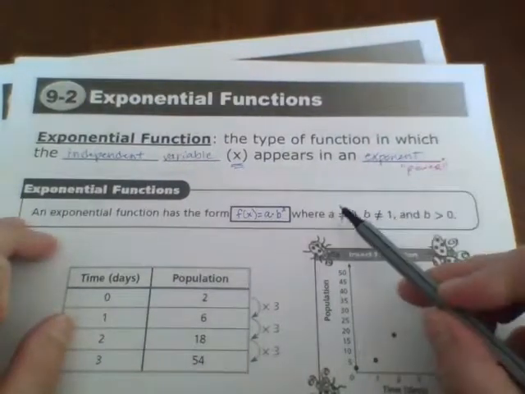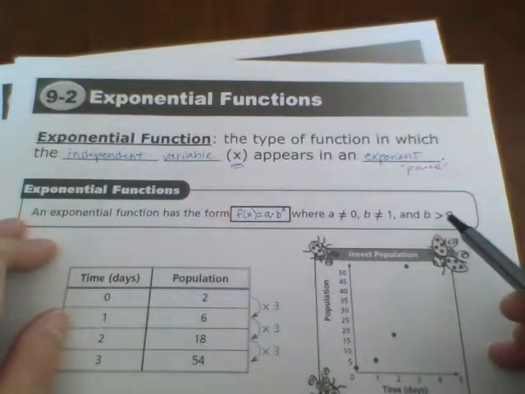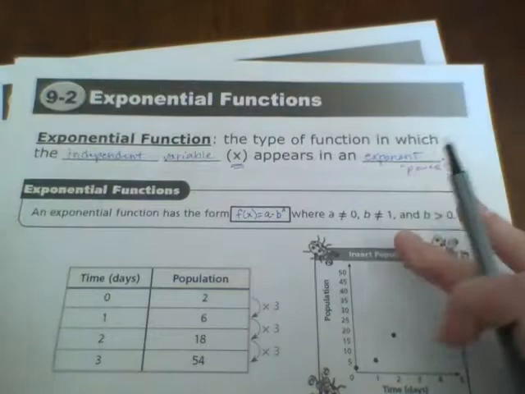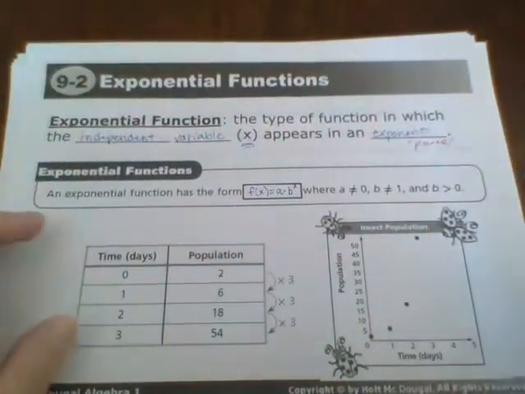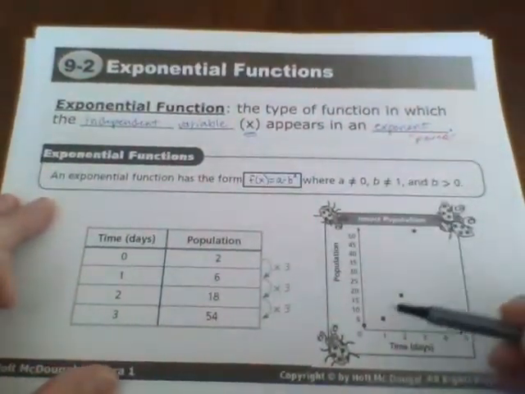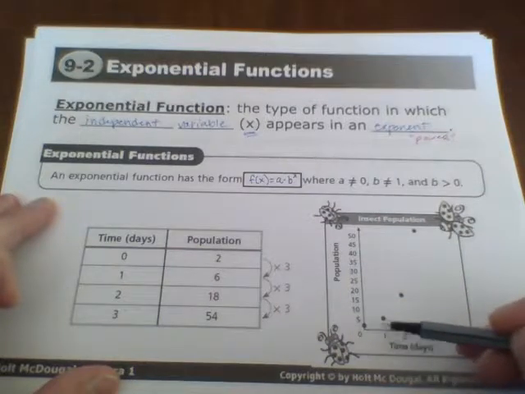Either way, all the ones that we're giving you are going to have all of this, but just for reference. So taking a look at this graph here, you can see that we have our exponential growth.